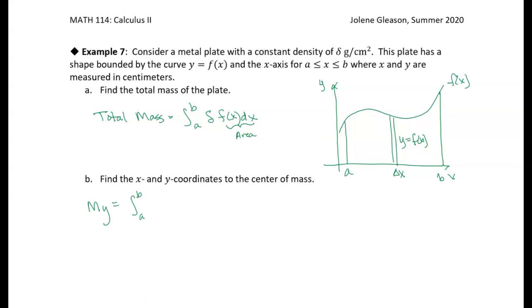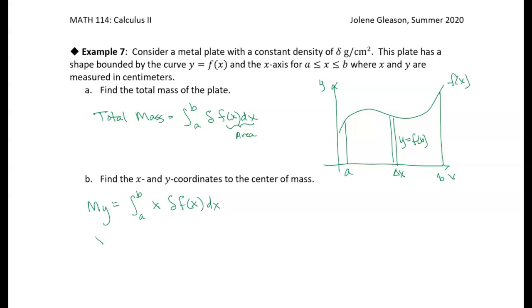Now we're going to take the sum of all those masses times the distance from the y-axis, and the distance from the y-axis is just x. The mass is the density times the height of that slice, which is f of x, times the width of the slice, which is dx. So that is our moment.